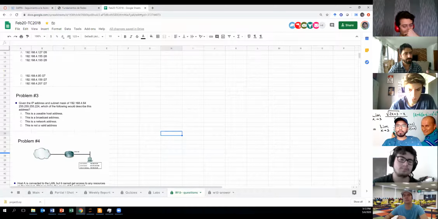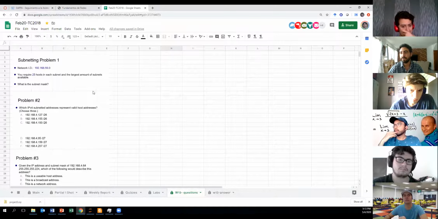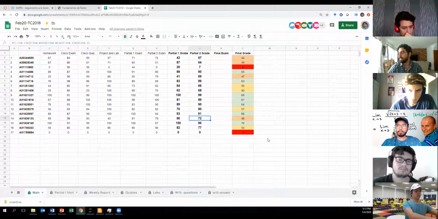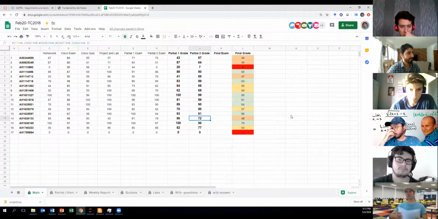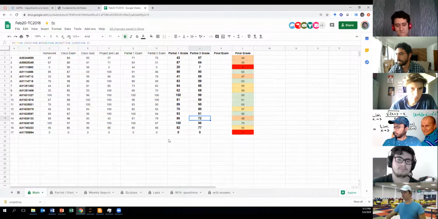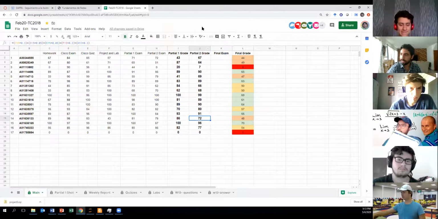I'm going to divide you into groups in breakout rooms, and you earn 5 more points. I add that to your partial exam grade, because there won't be any point in the grade.